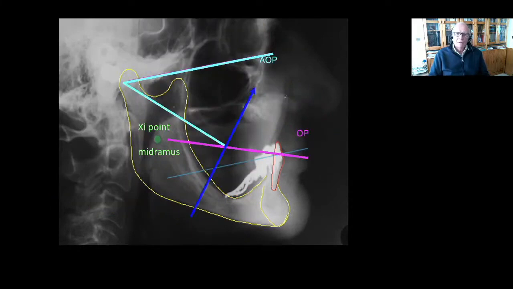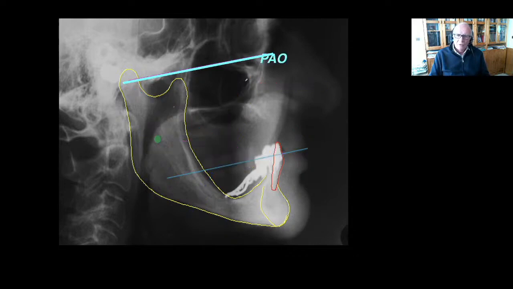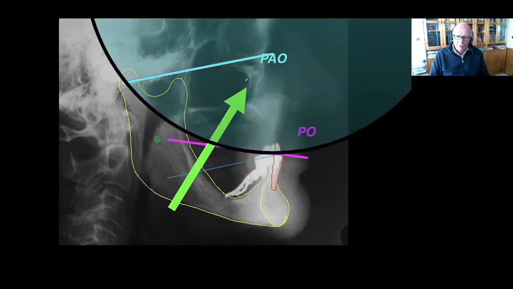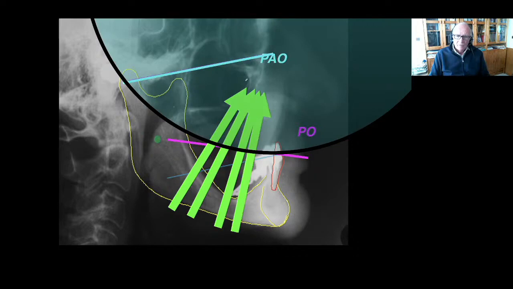If you correct the inclination of the occlusal plane, you decrease a lot the horizontal component of the force. And if you mount the teeth with a curve, you delete the horizontal component.